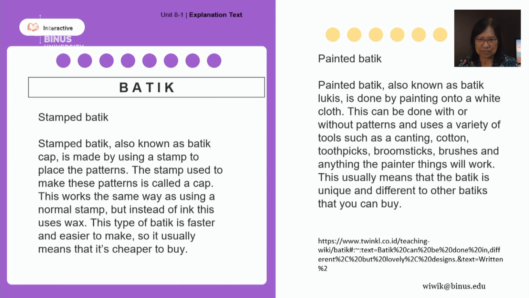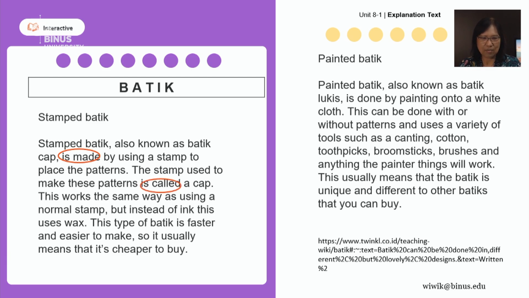Okay, and this one is the last one. It's still the same. Can you find some passive construction? Yes, you're right. The first one is made. So stamped batik, also known as batik cap, is made.